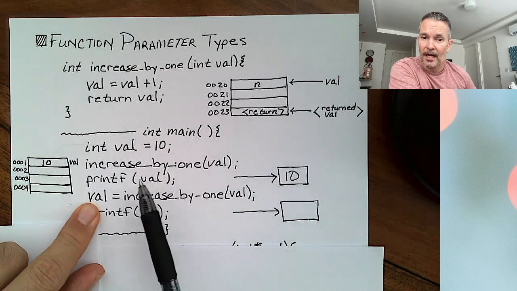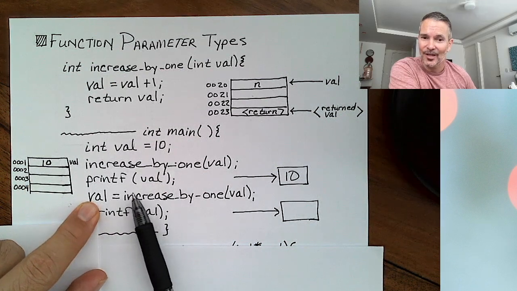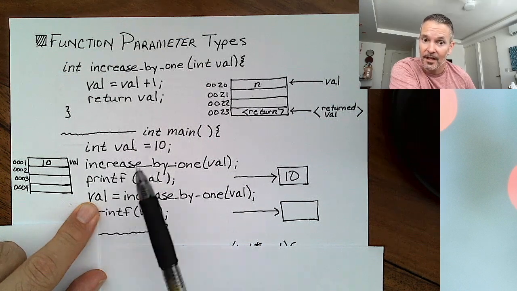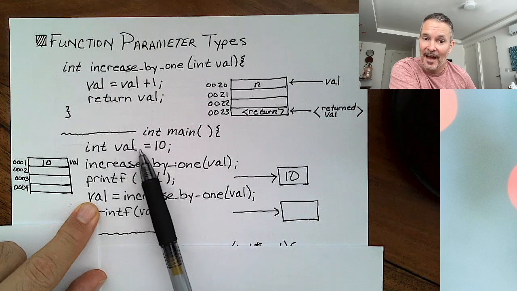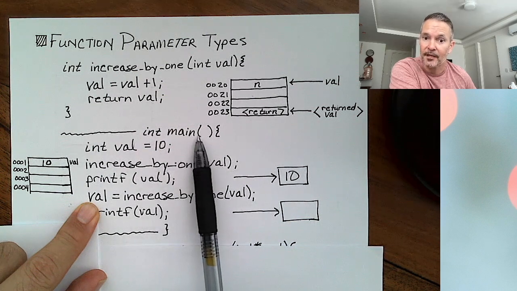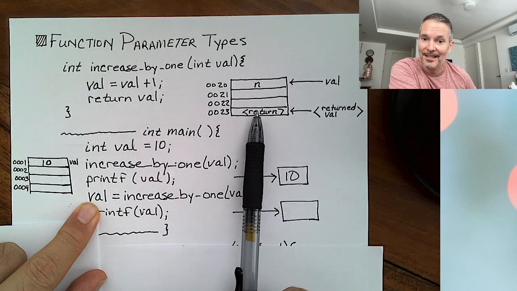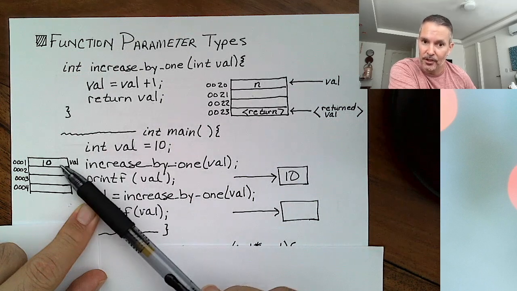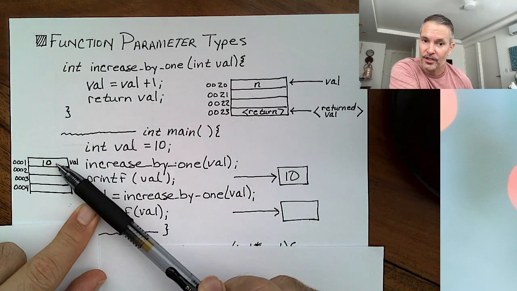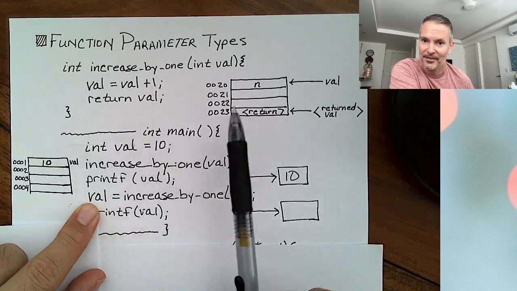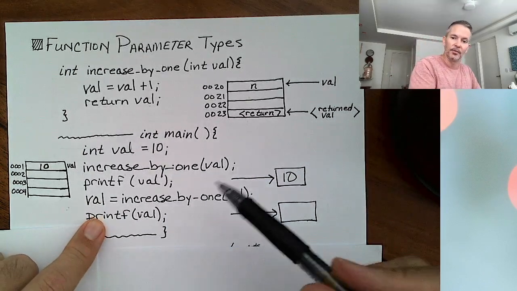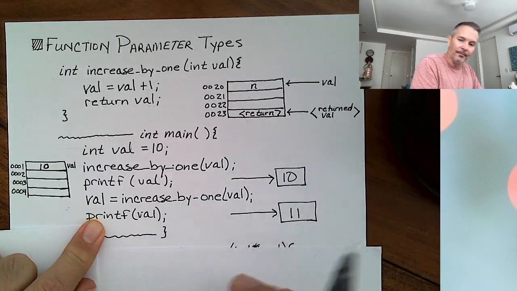And here I use an assignment that says whatever this function returned, copy it into the val variable that is in the scope of the main function. So 11 gets copied from the memory of the function into the memory area of the main function. And now when I print out the value of the variable, I will get 11.